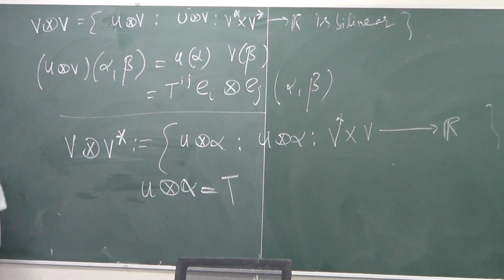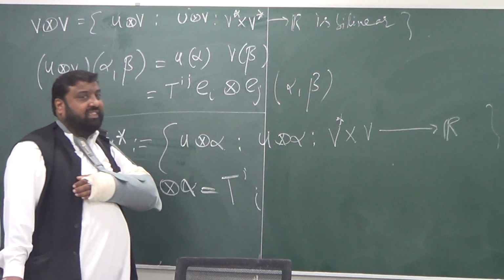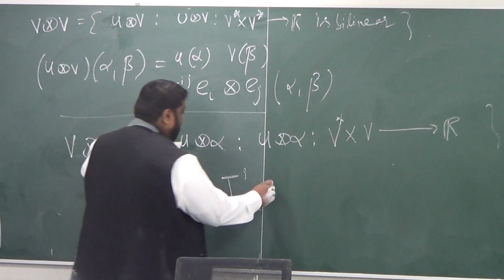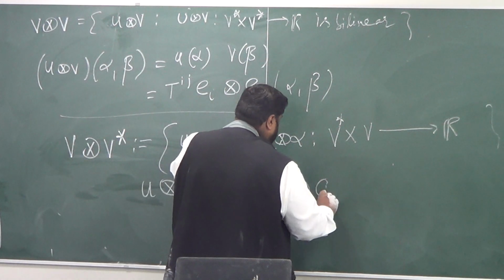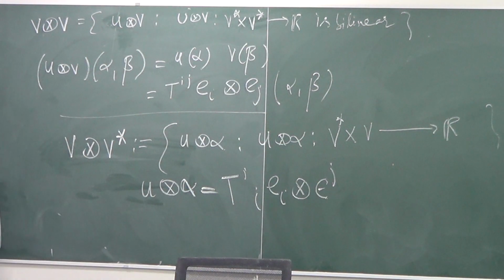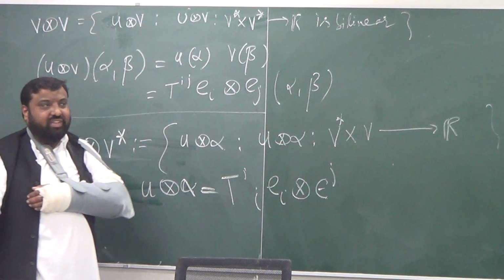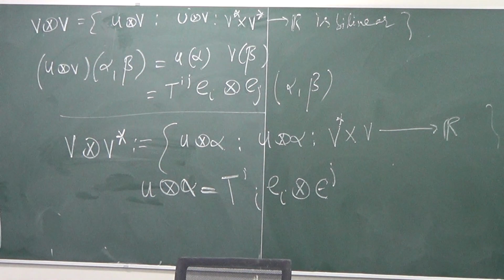Above and below. i above and j below, of e_i tensor product. Not so strange, learning this language gradually. This is how these abstract objects look.